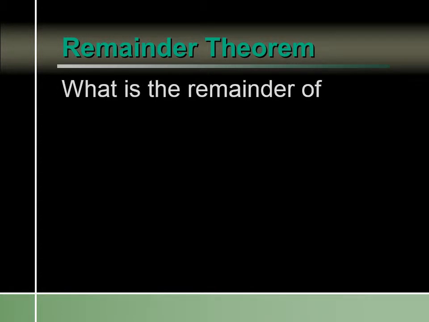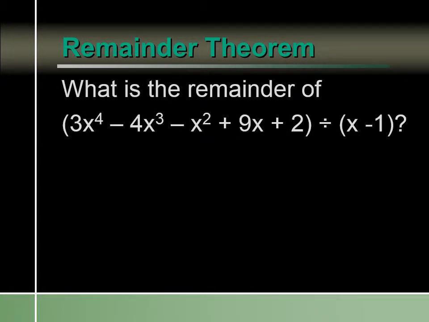Next question. What is the remainder of 3x to the 4th minus 4x cubed minus x squared plus 9x plus 2 divided by x minus 1? Instead of having to do long division, we are going to plug our a value into the equation. We know that our a comes from the x minus a.